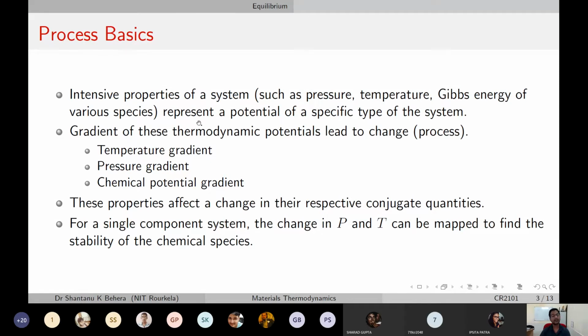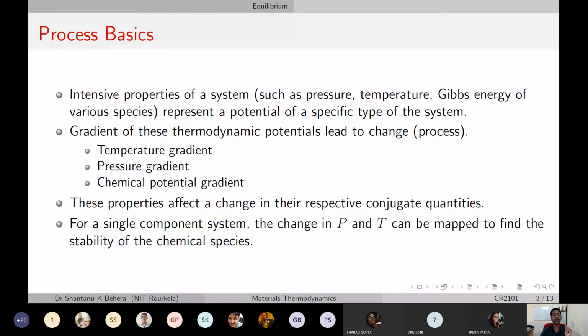Likewise, the gradient of pressure is going to affect volume. It will lead to either expansion or contraction, things like that. And eventually it will give you the PV kind of work. Okay. And that's what the basis of the process is.